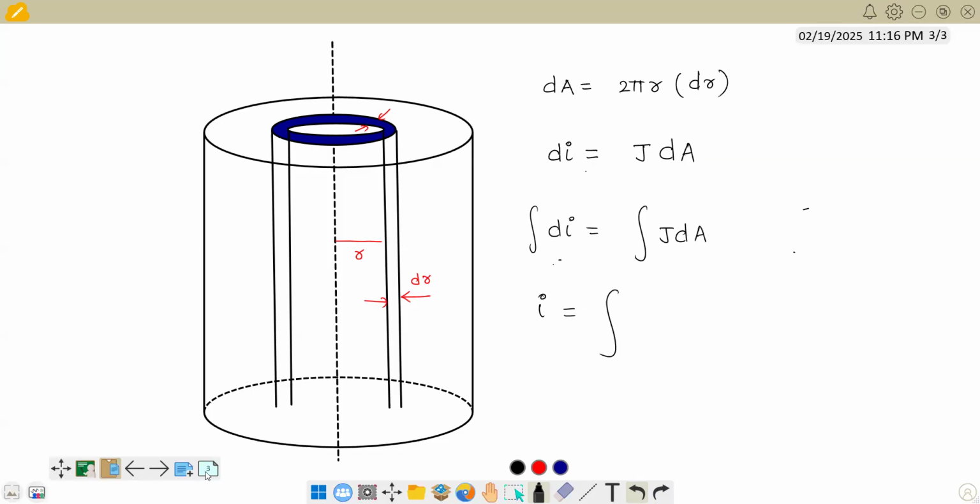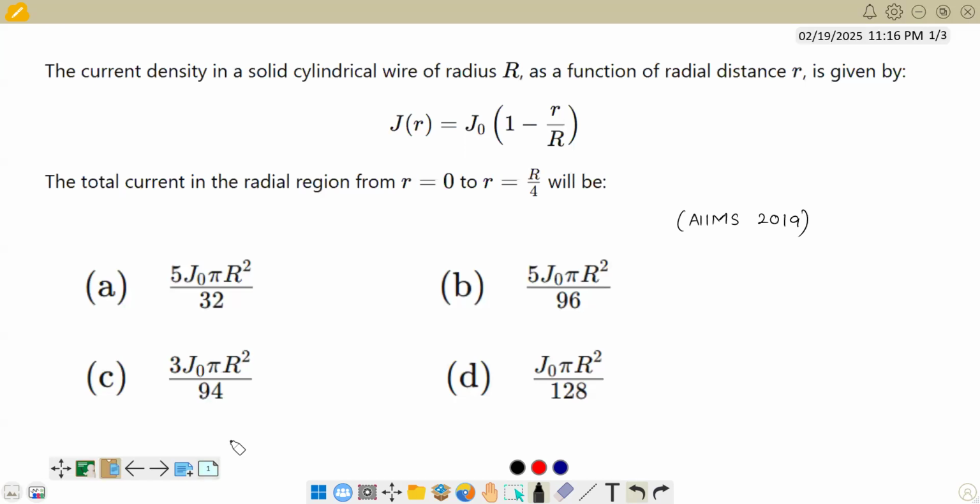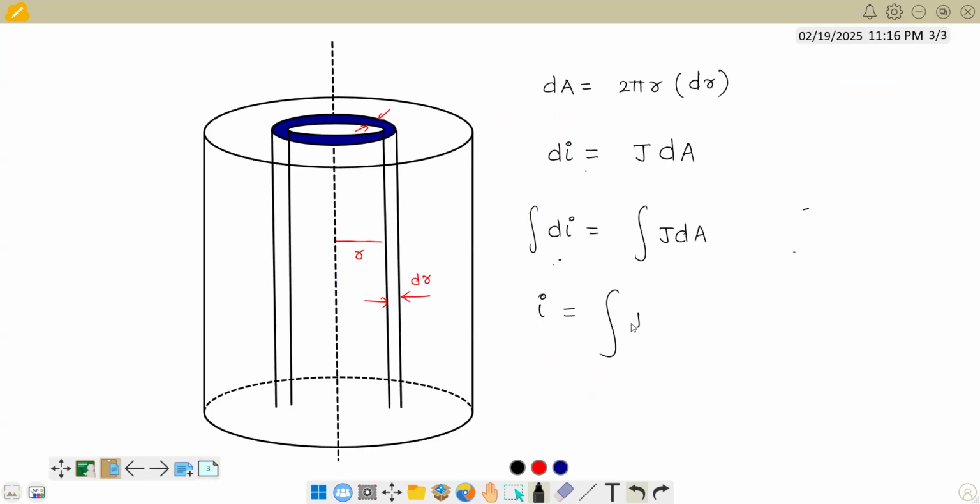The expression for J is given in the question as J naught (1 minus r by R). So let us use this. J naught (1 minus r by R) into dA, which is 2 pi r dr. Once we know this, let us solve this problem now.